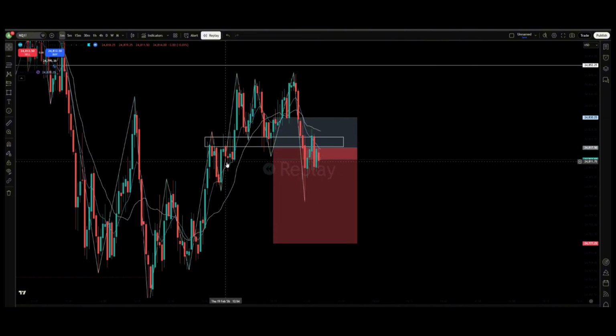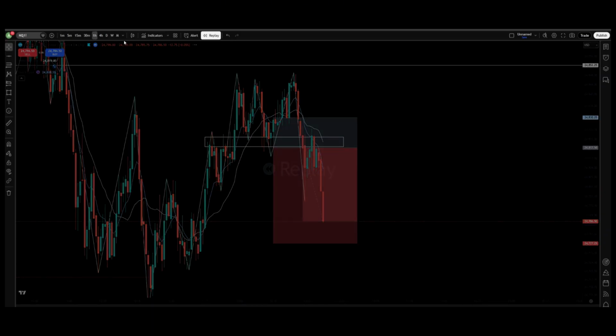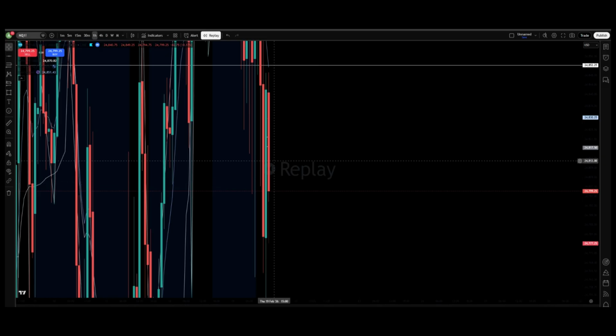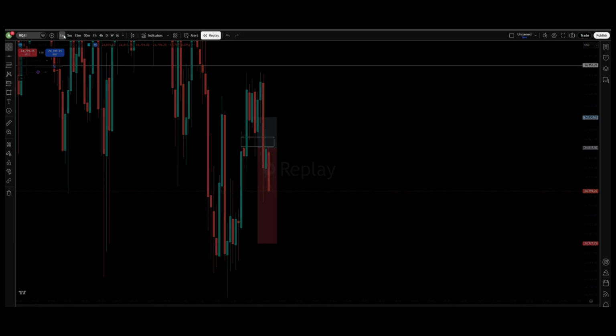Now price did struggle a little bit, right? I mean, here on the 1 minute it's a little choppy, but we had the power or the strength, whatever you want to call it, of the 1 hourly structure.